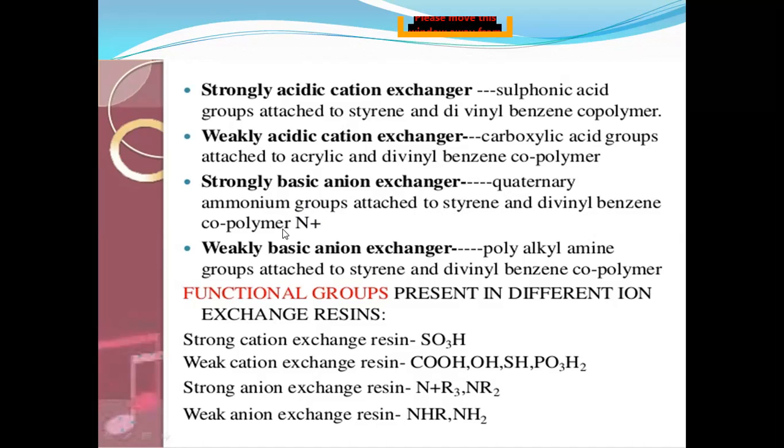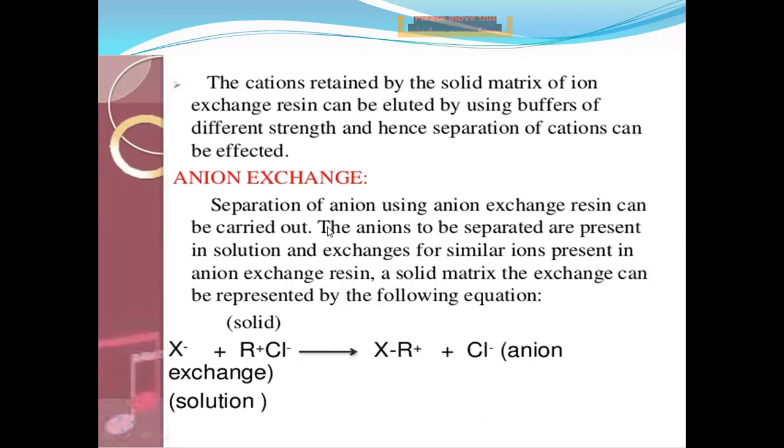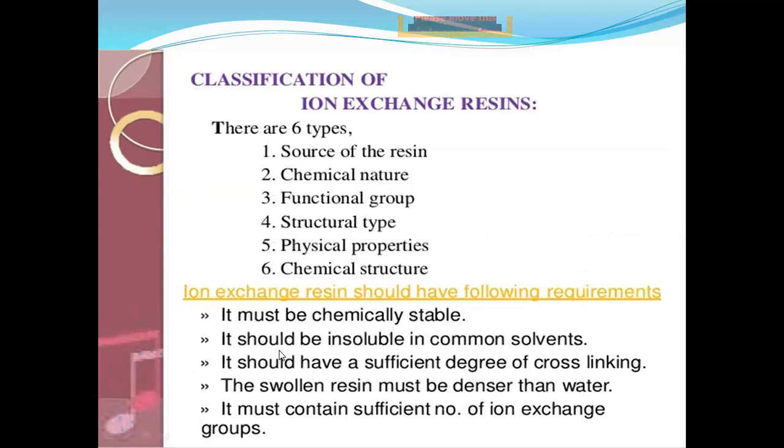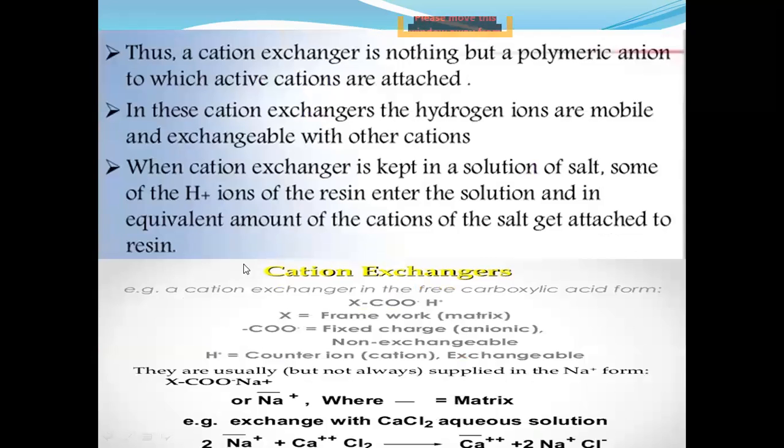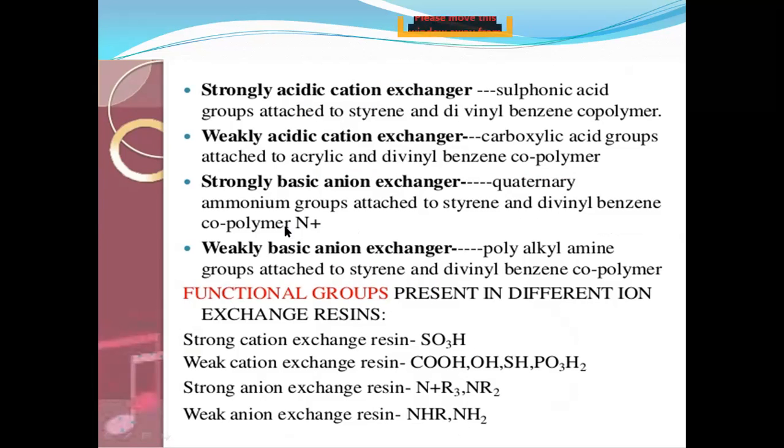Here, this plus is attached to the styrene, and it is a cation, with X minus. This is R–NR3 plus, and it also contains a Cl minus anion. This anion will be exchanged with another anion, so that's why this is known as anion exchange.